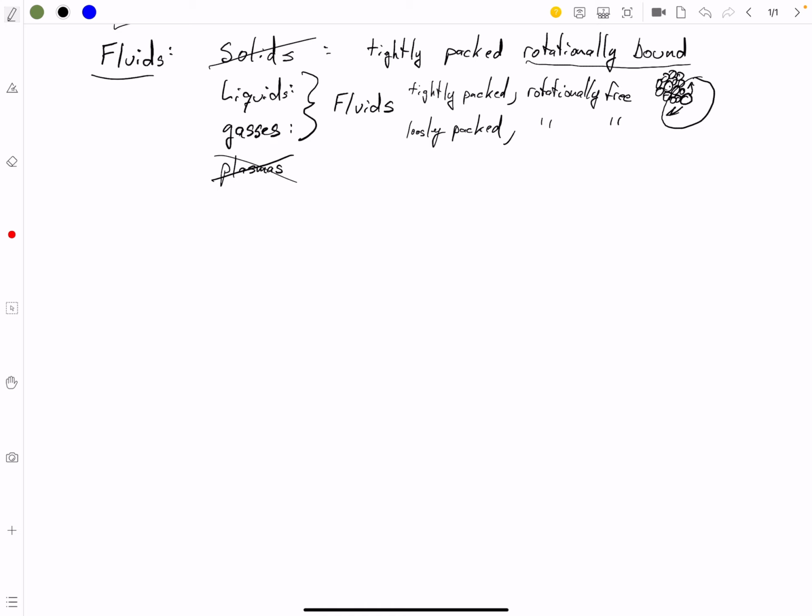All right, so density. Density is defined as rho, and that is mass per volume. Mass is in kilograms, and volume is in three-dimensional meters, so meters cubed.